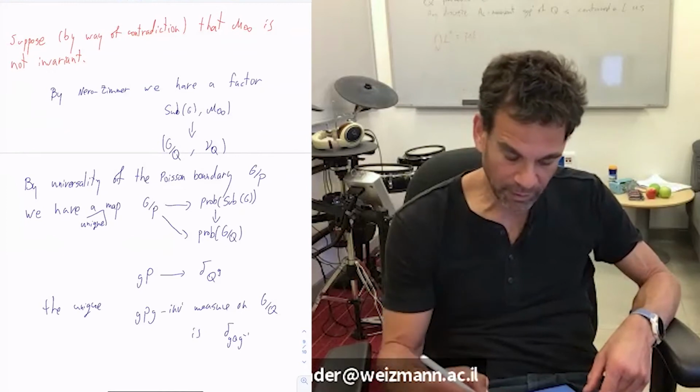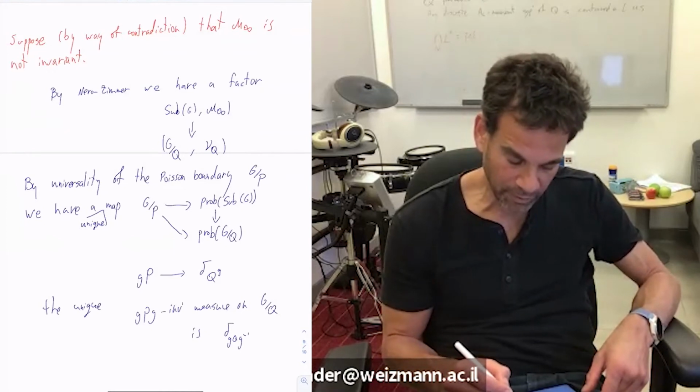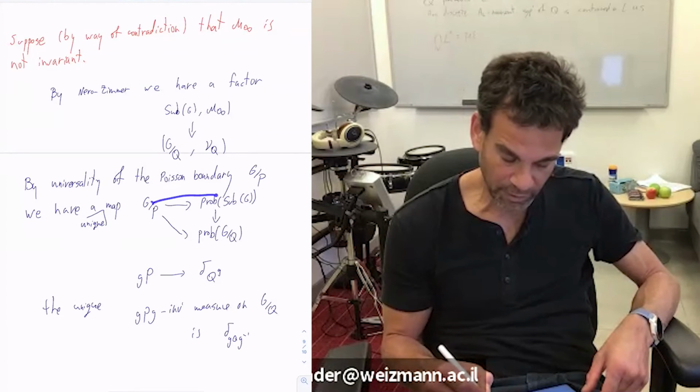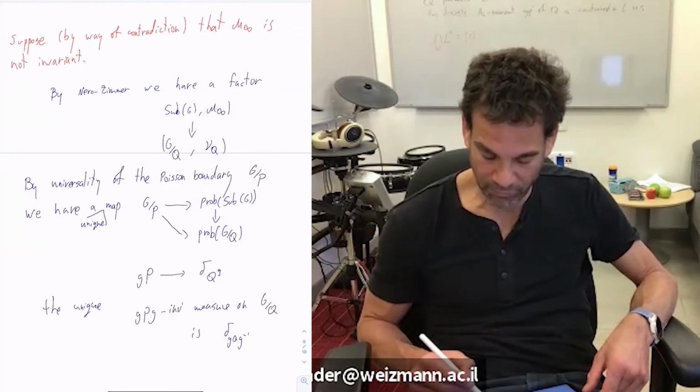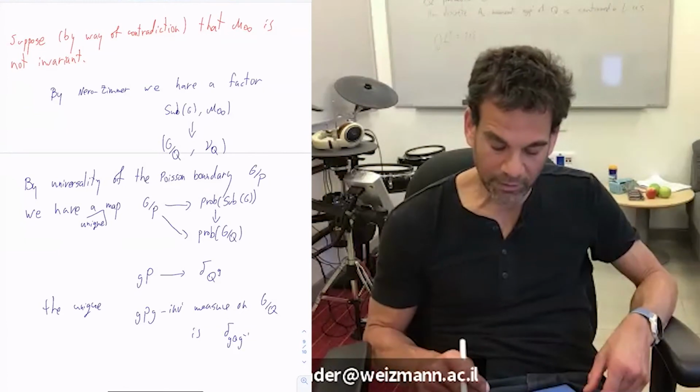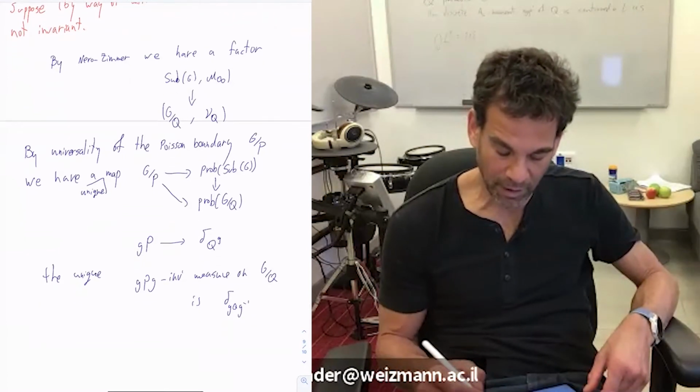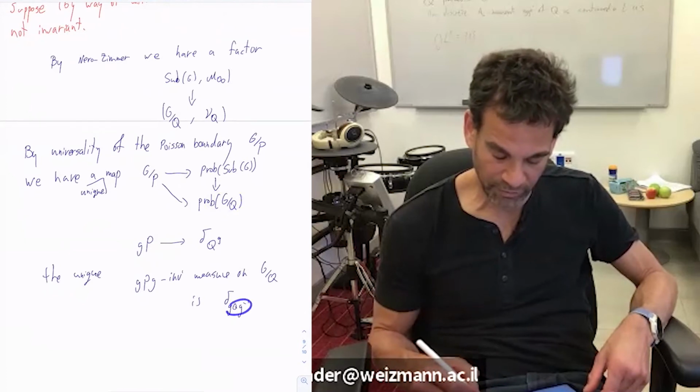So it means that if we look at the measure corresponding to a point here, and then we look at it here, it will be this measure. But that means that the stabilizer is contained in the stabilizer here, which is exactly this.